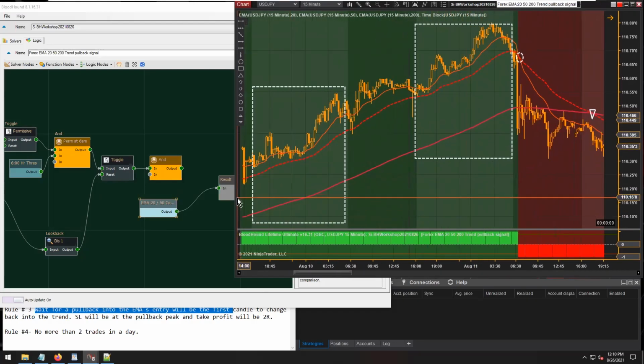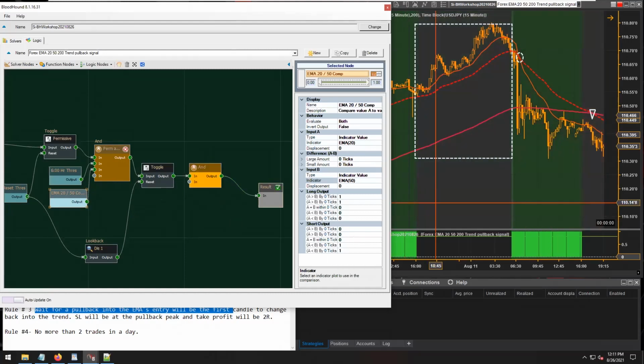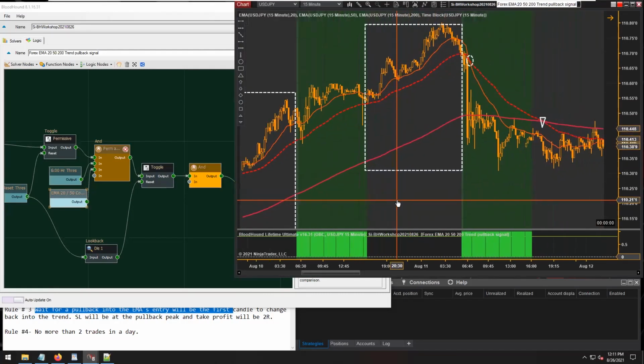Yeah, there we go. And again, we can move this comparison solver back here. And there we have it.